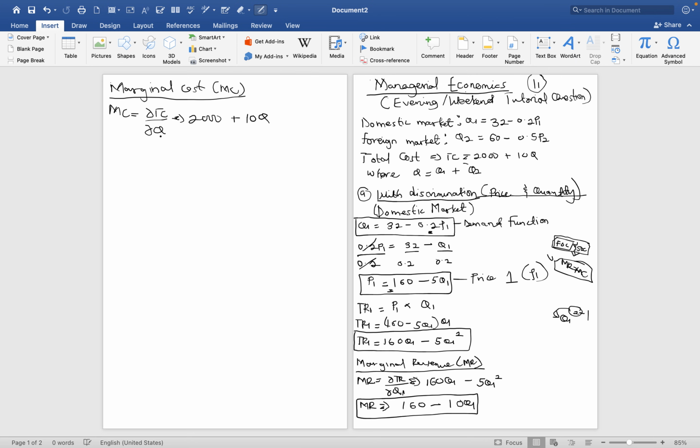So we are finding the derivative with respect to Q. So MC is equal to, the derivative cancels 2000, because we are dealing with Q, not 2000. Q cancels Q, we have 10. So marginal cost is equal to 10 here.